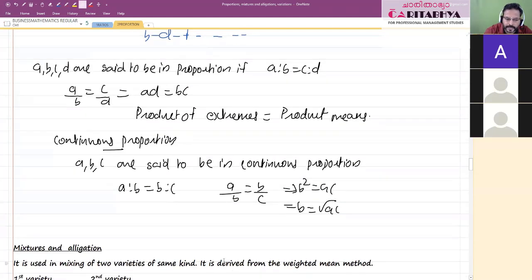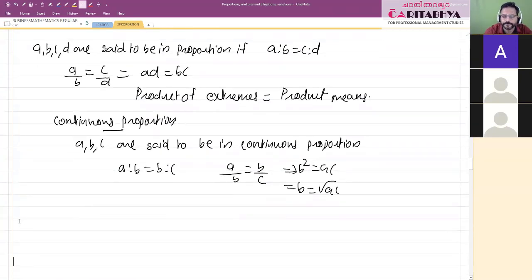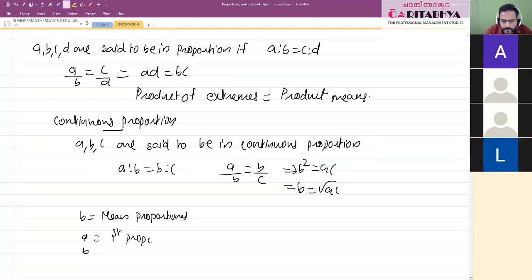So B എന്താണ് പറയുന്നത്? B is the continuous proportion mean proportional. Okay, so A എന്ത് പറയും? First proportional and C is called third proportional.